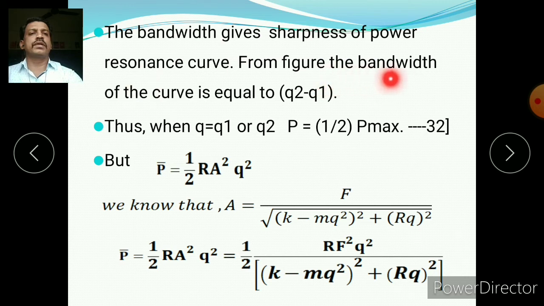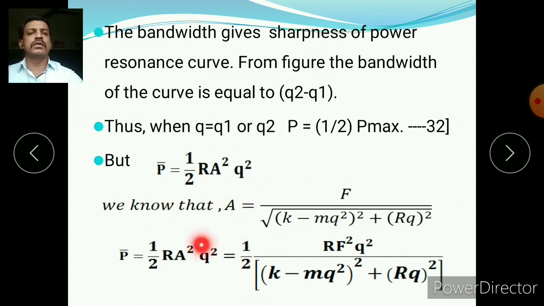From the figure, the bandwidth of the curve is equal to Q2 minus Q1, meaning the difference between the two angular frequencies where we get half of the maximum power. Thus when Q equals Q1 or Q2, P equals half of P max. We know that the average power is half R A square Q square.